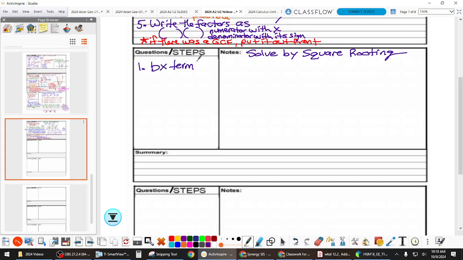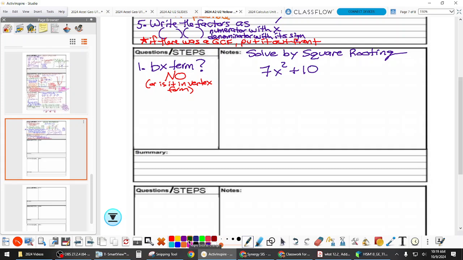So your first question is, is there a bx term? No, right? There cannot be a bx term. Or is it in vertex form? Either one, that's okay. So here's an example of that. Let's say we had 7x squared plus 10 is our function.